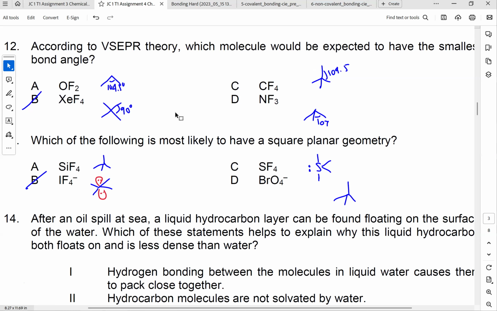Yeah, A is O with 2 lone pairs, so it's actually 4 electron domains. That means the angle here is just less than 109.5, right? But XeF4: xenon has 8 valence electrons, and 4 of them form bonds with fluorine.